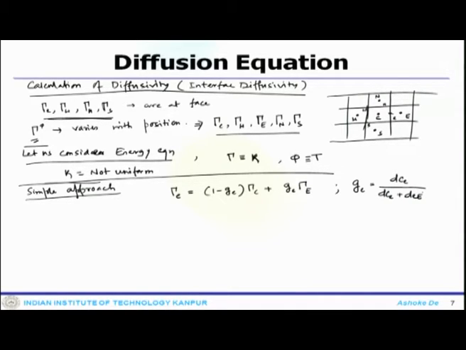Now, for a uniform Cartesian grid, which we have considered so far in our discretization formulation, the interface E exists at midway.